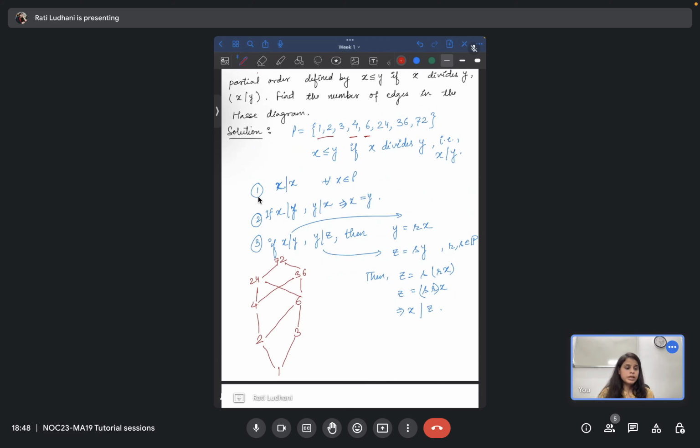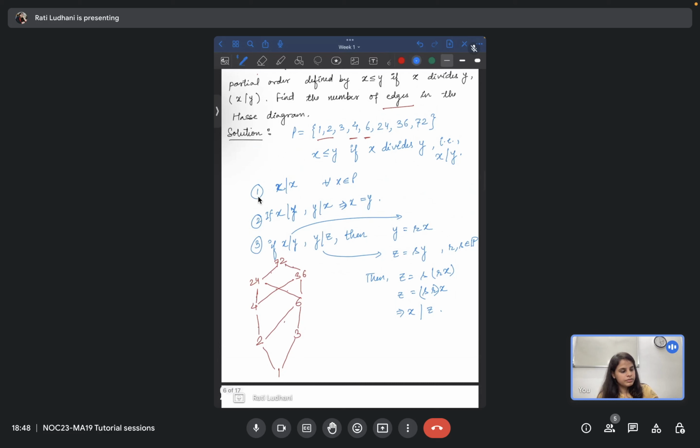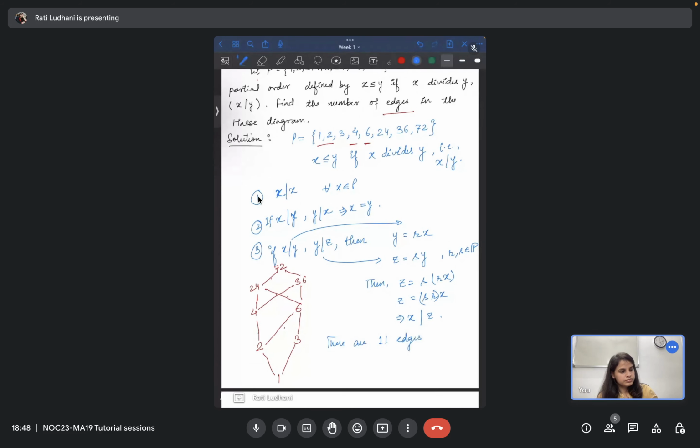Now it has been asked, find the number of edges in the Hasse diagram. So you can just count it out. 1, 2, 3, 4, 5, 6, 7, 8, 9, 10, 11. So there are 11 edges in the Hasse diagram of P under divisibility.